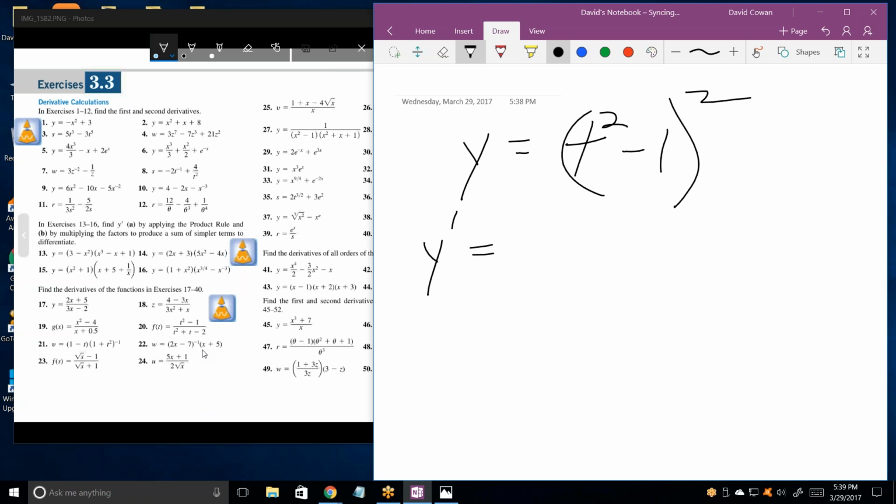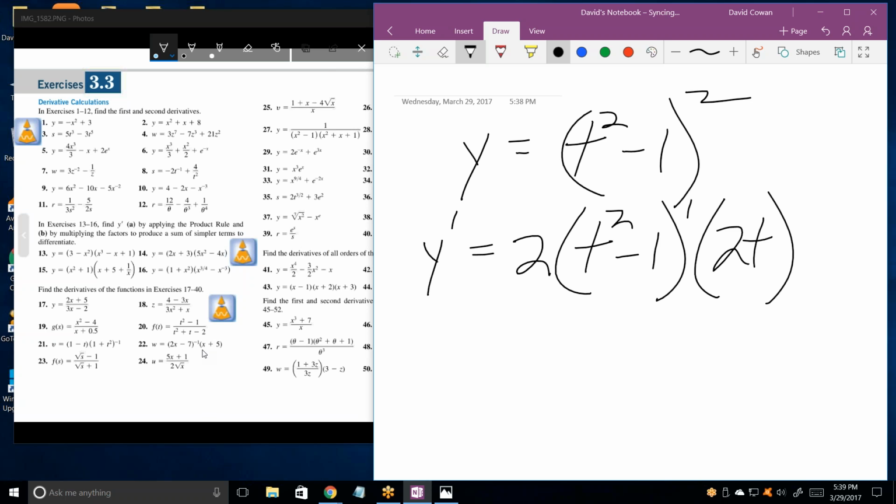The chain rule says take the derivative of the outside and multiply it by the derivative of the inside. Well, here's the derivative of the outside. Correct? Yep. Times the derivative of the inside, that's what the chain rule says. That's what the derivative of that is.